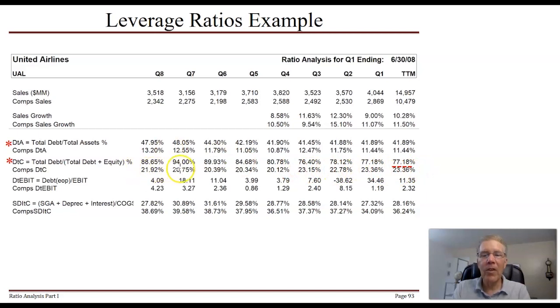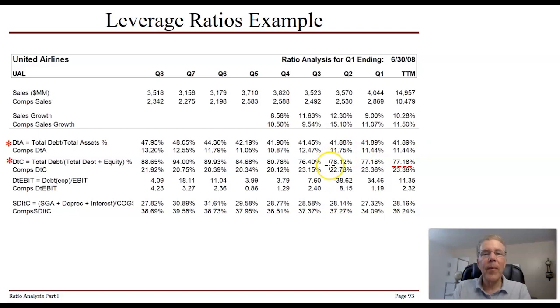Okay, and I'm just going to breeze through here and look at these. And remember, debt is not specifically tied to sales, so we don't have to look year over year. You could look year over year, you would not get the wrong answer. But when they get debt, it's just going to happen throughout the year for these guys. So what I'm looking at is we've got 89, 94, 90, 85, 80, 76, 78, 77.